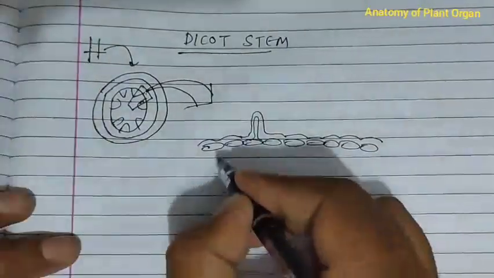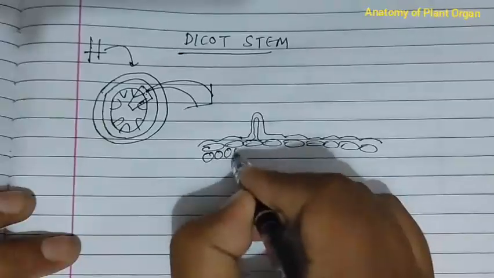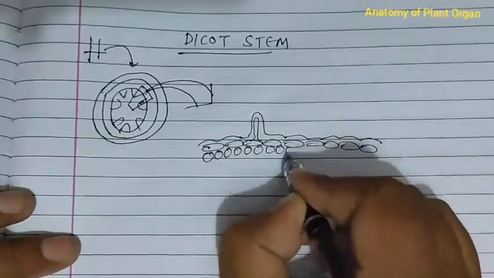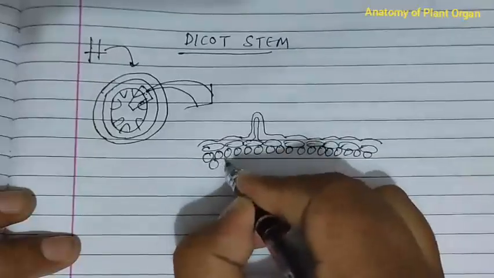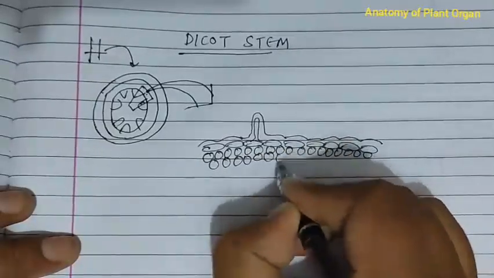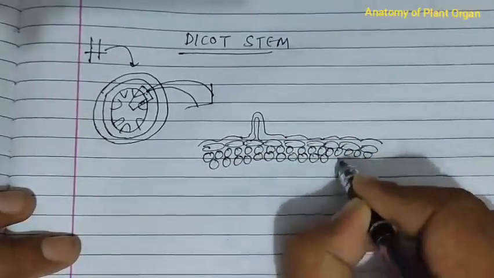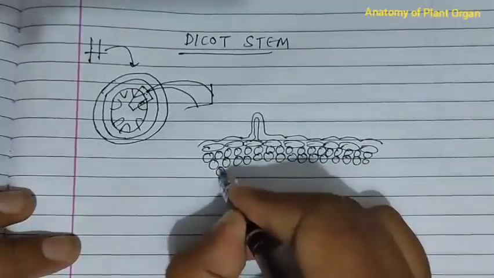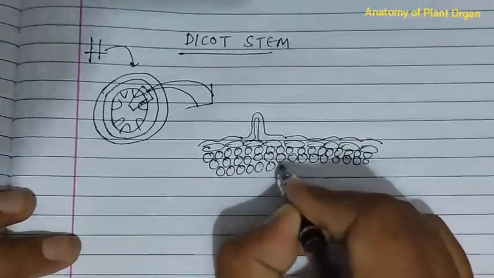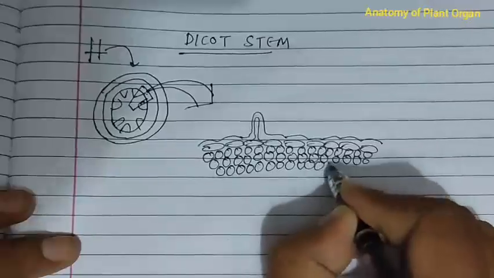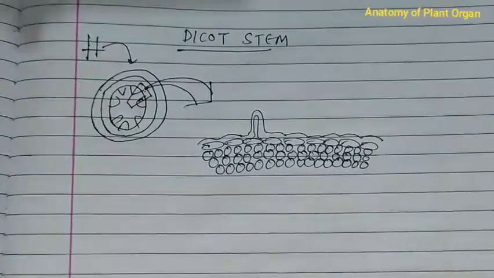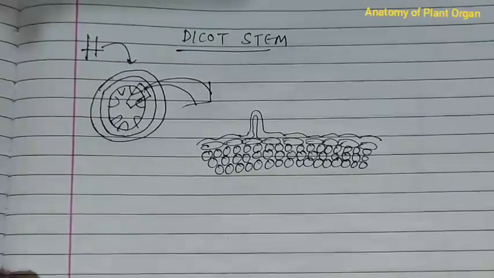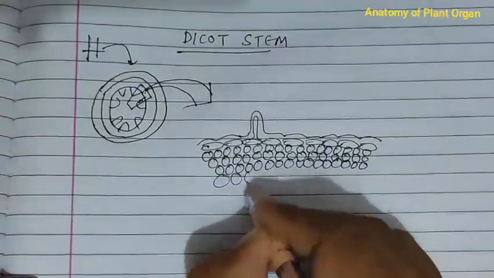Now inner to this epidermis we find some cells of hypodermis, and inner to hypodermis we find a cortex.